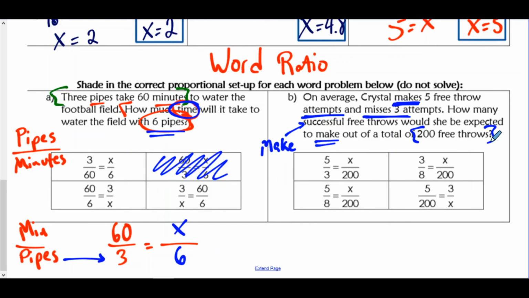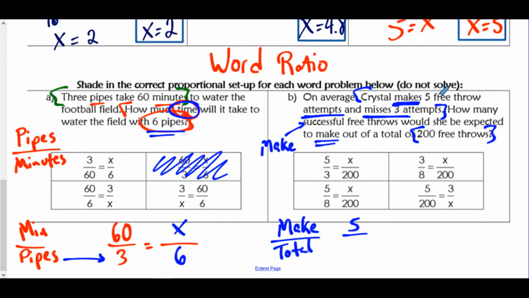So we really need to think about this question. What is this question talking about? It's asking how many will we make out of a total of 200 free throws, out of a total, or attempts, you could even say, but we're talking about how many we make out of the total number of shots. Well, we make 5 out of, you really want to think about how many attempts we have here.